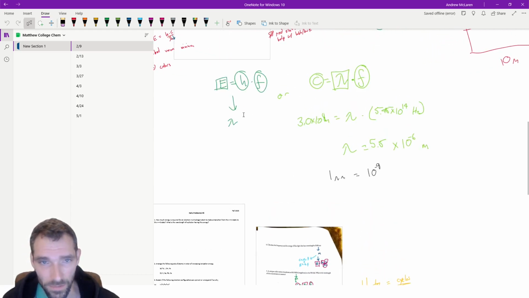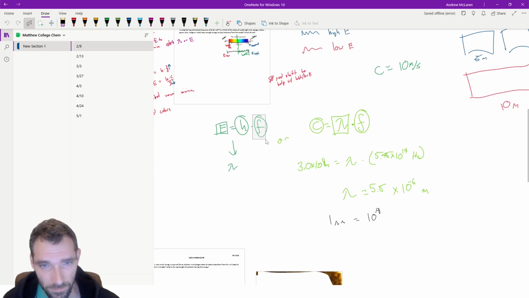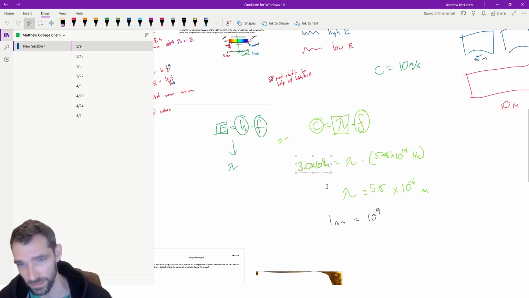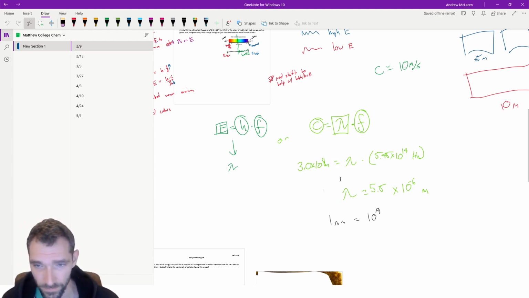Using that frequency, we can say how much energy is appropriate. But we could also use this frequency with the speed of light and find the wavelength. If we have this 5.4 times 10 to the 14th hertz, and we know the speed of light is 3 times 10 to the 8th, the wavelength should be 5.5 times 10 to the negative 7 meters.